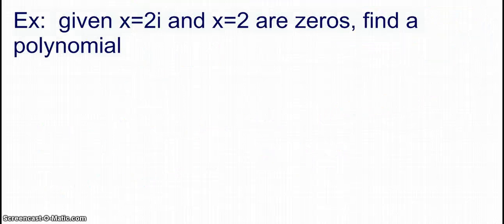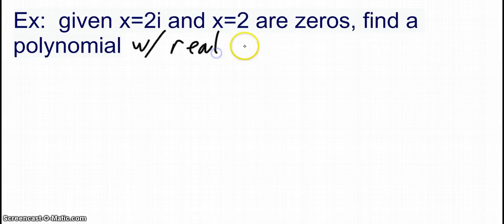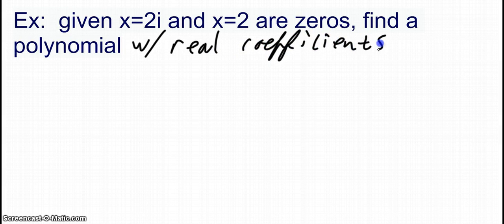So, why is that important? Well, if I say x equals 2i and x equals 2 are zeros, and I want you to find a polynomial with real coefficients, then if x equals 2i is a 0, you also know x equals negative 2i has to be a 0.